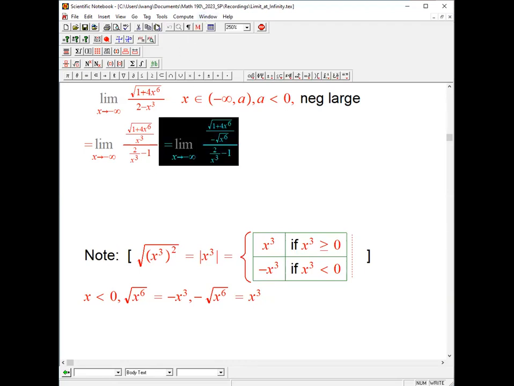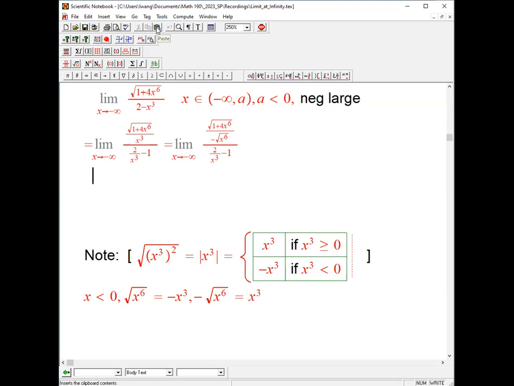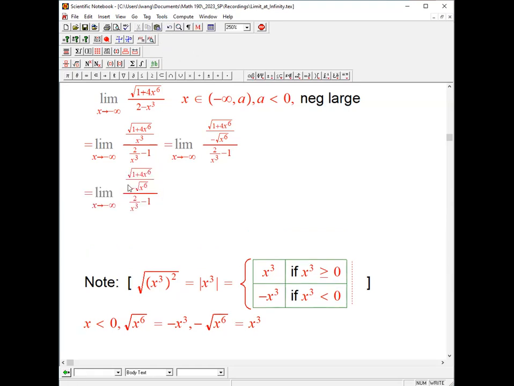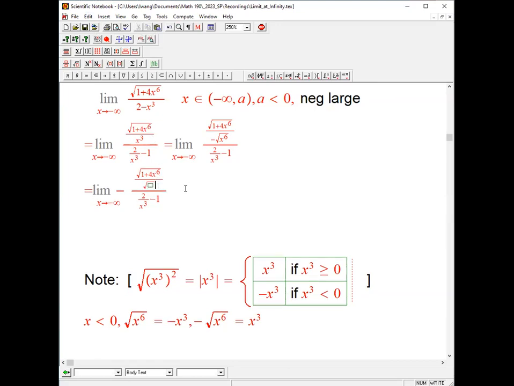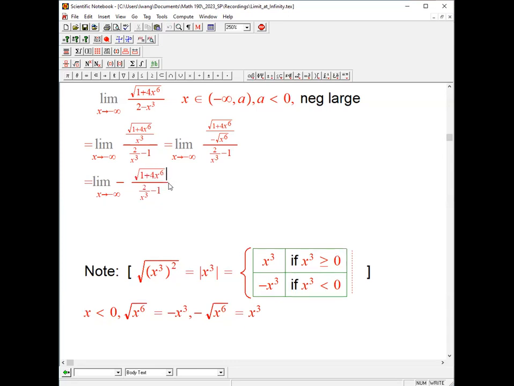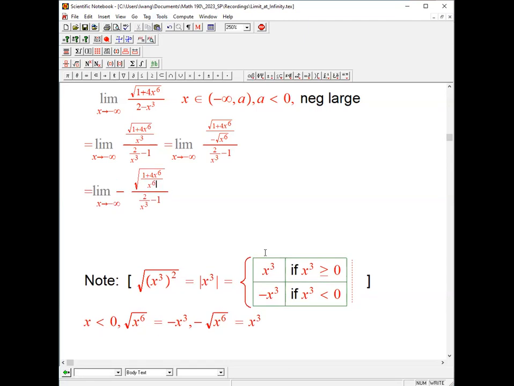Once we have this, on the one hand, we have an extra negative sign. So I'm going to put it in the front, just for safekeeping. I'm going to carry it everywhere. And these two square roots, I'm going to put them under the same square root, put them under the same roof.